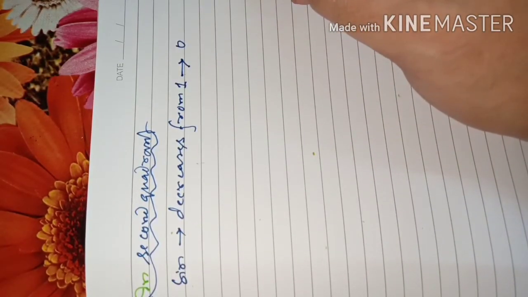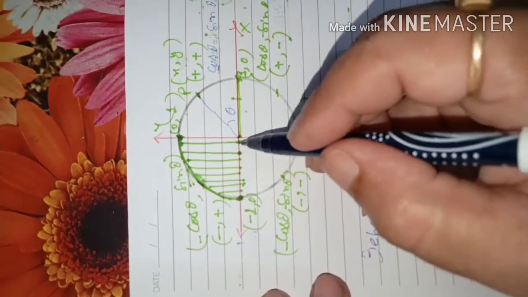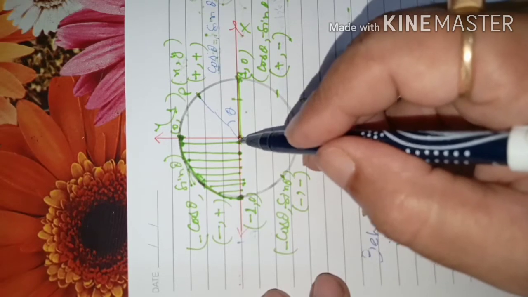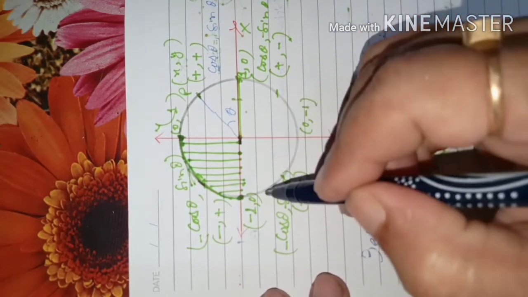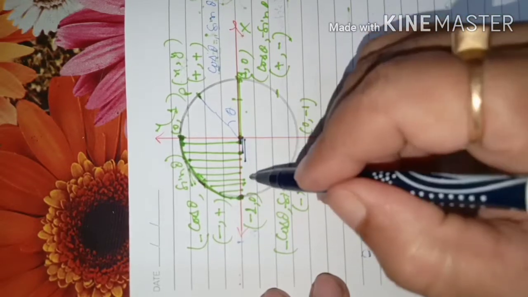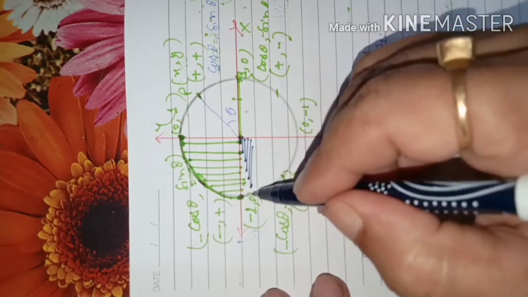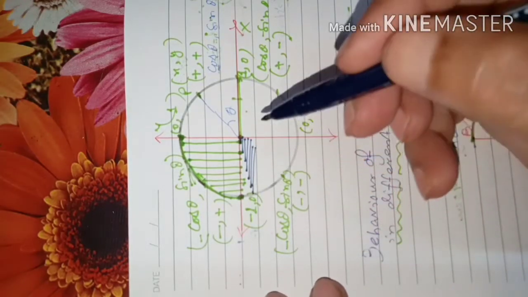So now you look at cos values. As you see, dear students, cos value means the base. The base is this one before, now it is again this one, increasing, but increasing in the negative side means what? Decrease.